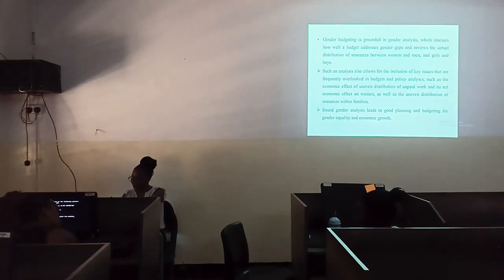Such an analysis allows for the inclusion of key issues that are frequently overlooked in the budget. Our example is health, and policy analysis, such as the economic effect of an uneven distribution of unpaid work and its net economic effect on women, as well as the uneven distribution of resources within families.